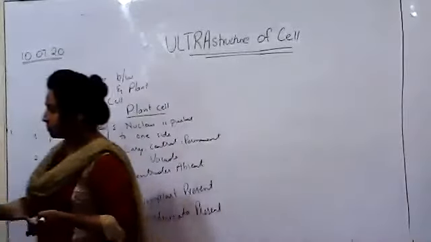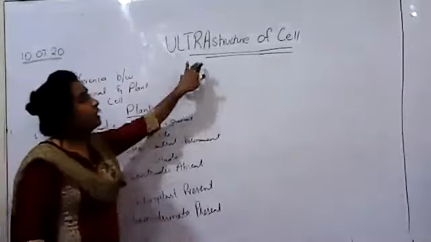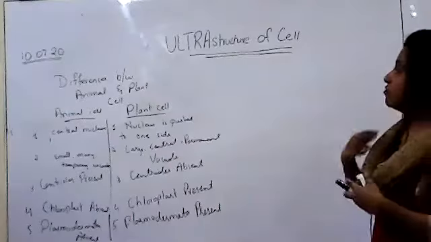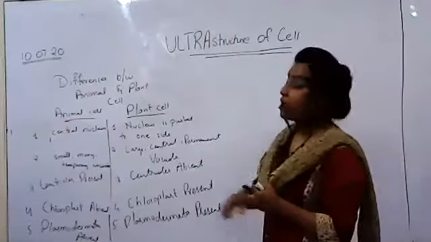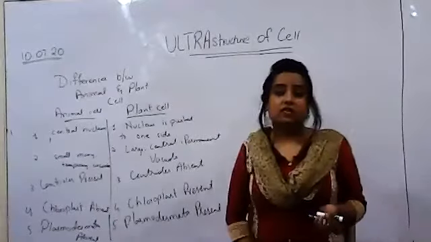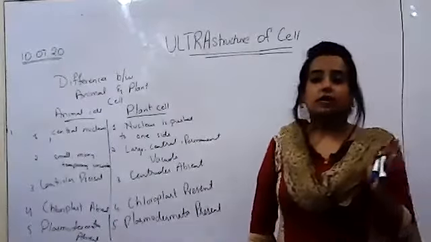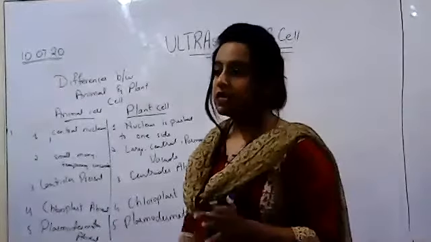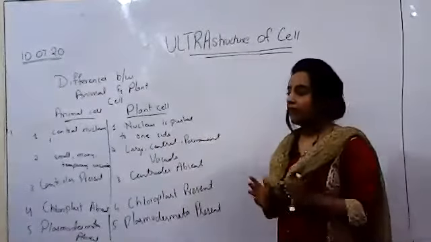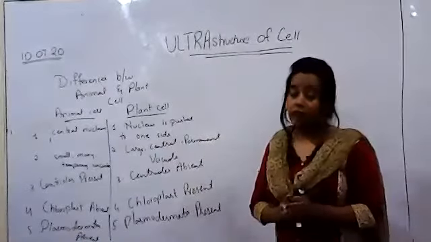Okay. So today we'll begin with the ultrastructure of the cell. As I've been repeating many times, what do we mean by the ultrastructure of the cell? The ultrastructure of the cell is the cell as it is seen with the help of an electron microscope.